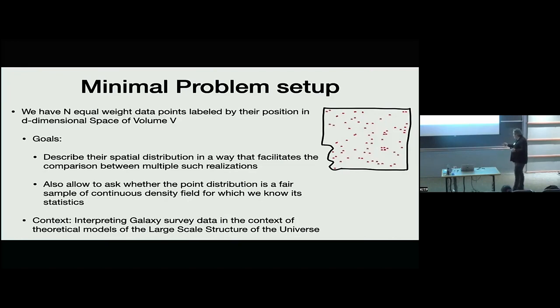So that's also a nice property that would be good to keep in mind for the tools we'll be developing. And of course, the whole context is really about survey science, having so many things we're observing in the universe. How do we relate it to our theoretical ideas of how structure forms in the universe?